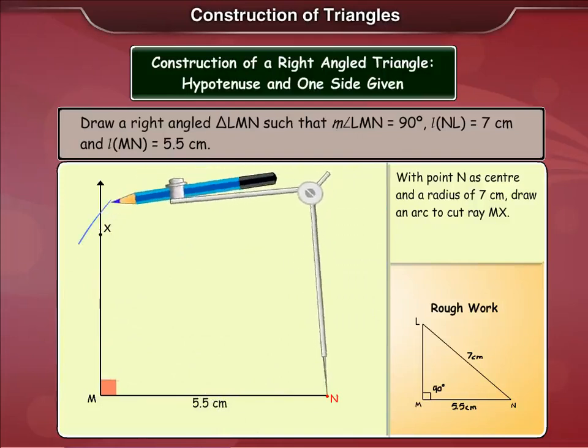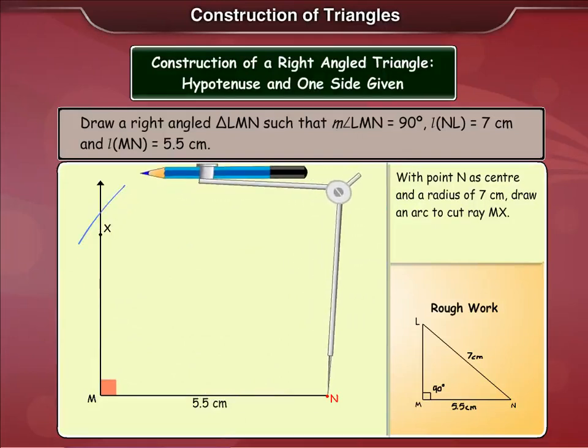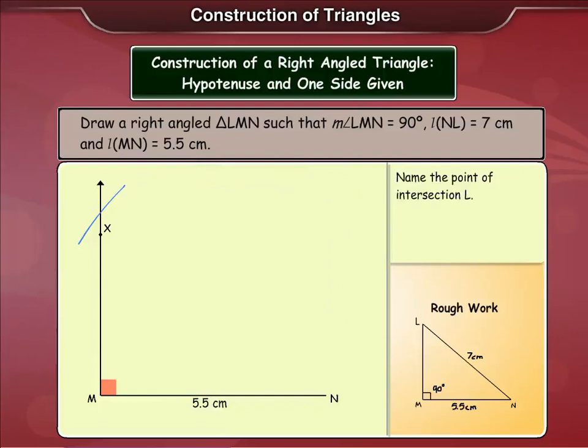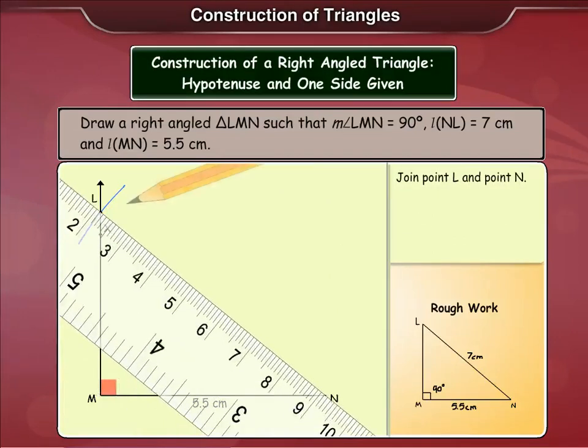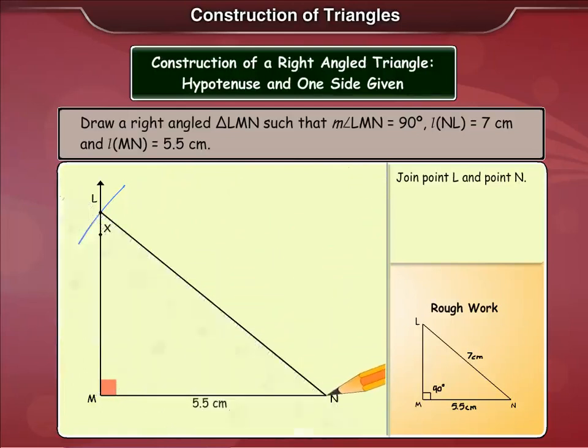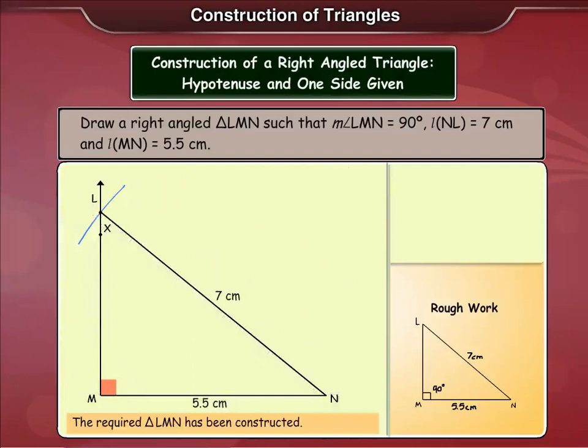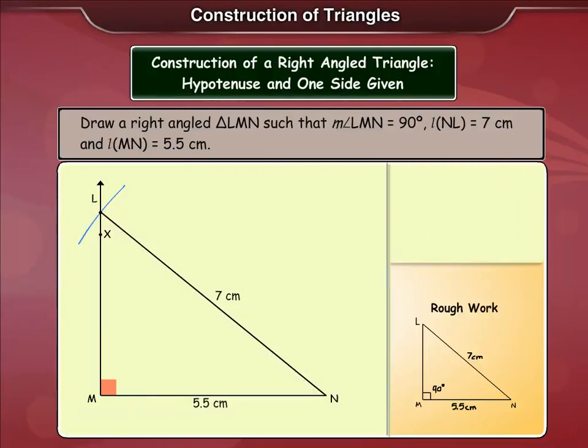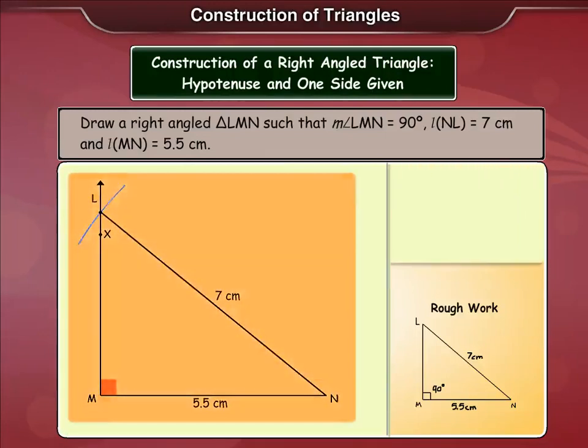Draw a right-angled triangle UVW such that angle UVW measures 90 degrees, the hypotenuse, side WU, is equal to 5 centimeters, and side VW is equal to 4 centimeters. First, let's draw a rough diagram of the required triangle.